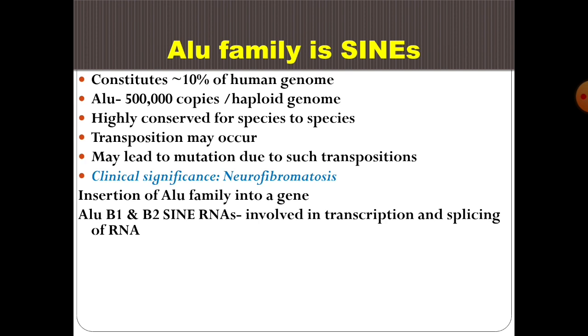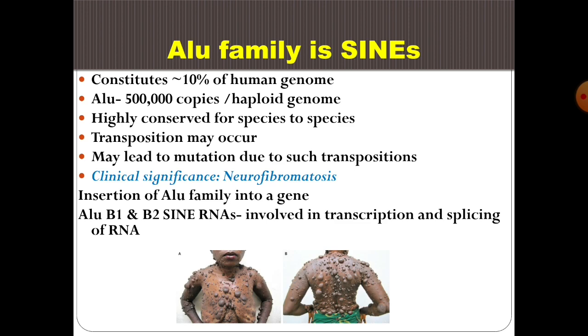Transposition is seen here, and that leads to a mutation which is seen in the case of neurofibromatosis. Transposition, I told you, is jumping genes from one side of the DNA to another side with the help of RNA, and that will lead to mutation, that will lead to neurofibromatosis. This is a case of neurofibromatosis. In India also we see quite a lot of this disease.